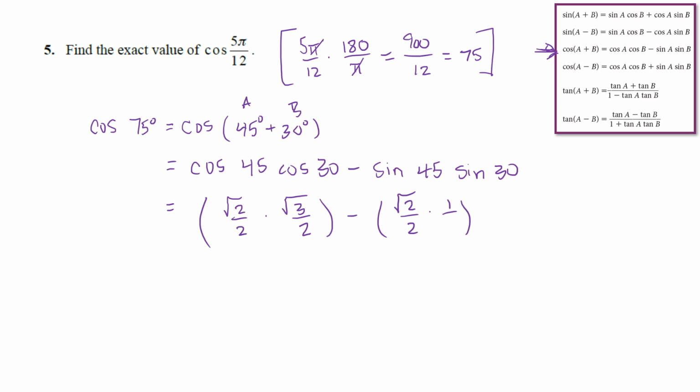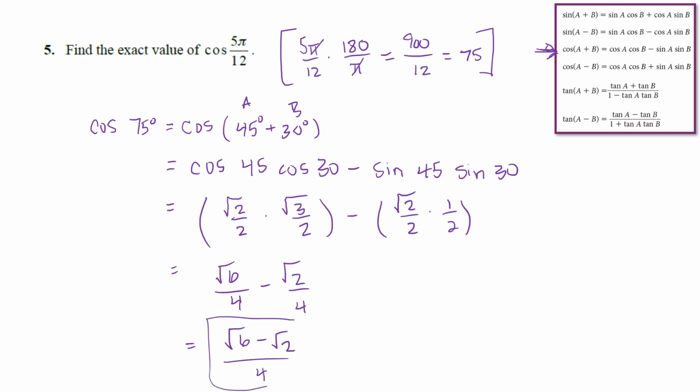But I wrote 1/3. So let me rewrite that. 1/2. There we go. Simplifying this, we'll have the square root 6 over 4 minus the square root 2 over 4. Combining this, we have the square root 6 minus square root 2 all over 4. Awesome.